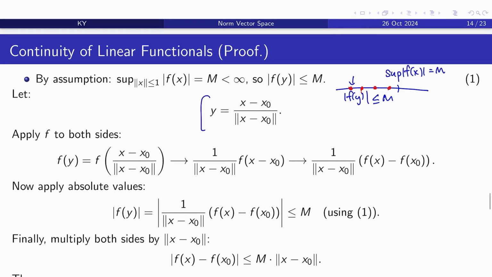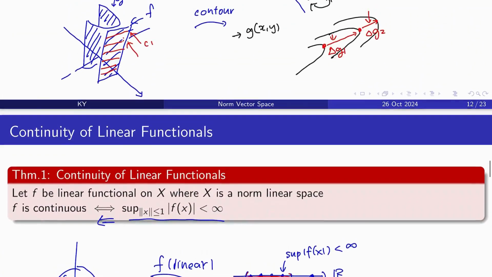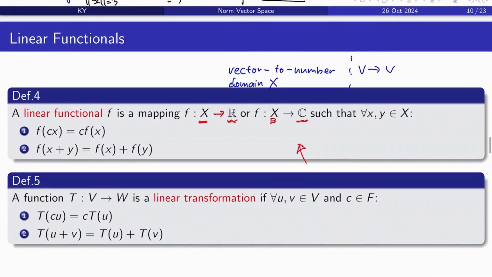So given this, we can define another y right here, and let's say that we want to apply f on both sides. Then we get this guy right here. What we're going to do here is use the definition of linear functional. If you guys remember, the definition should look like this, right?